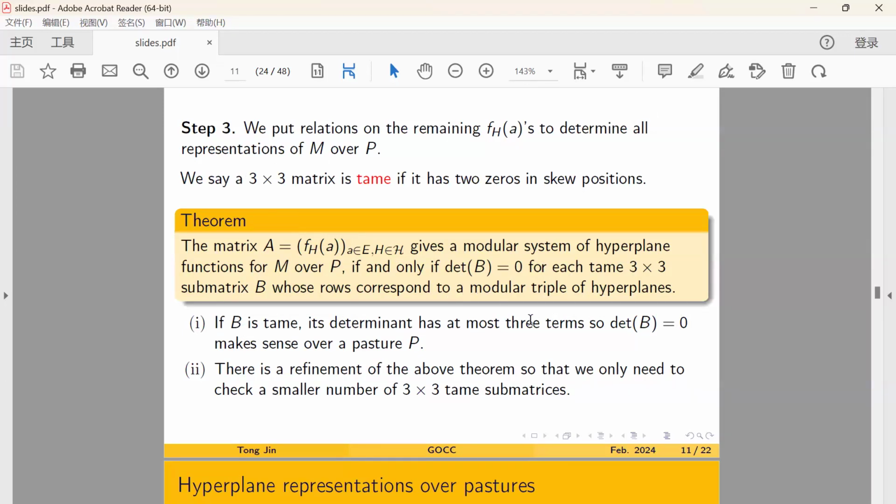But actually, there is a refinement of this theorem so that we only need to check a smaller number of TIM submatrices. And this smaller number is equal to the number of undetermined values of the hyperplane matrix. So there is actually a smaller number of relations on those undetermined hyperplane function values.